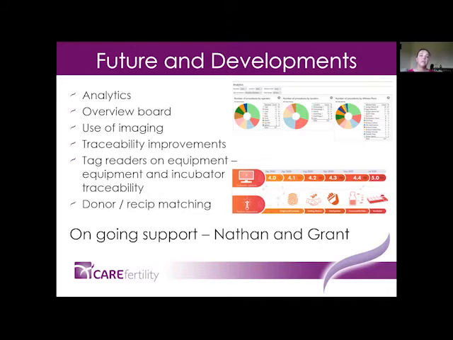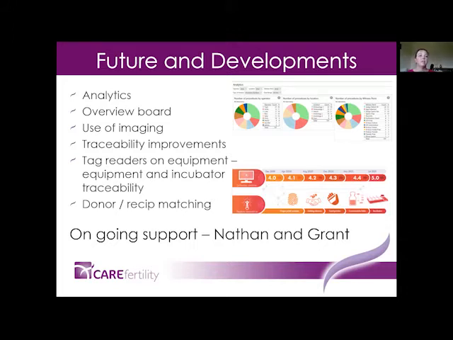There's also an overview board which will give you, as it says, an overview of all the processes that are happening in the clinic that day and where those processes are up to. Again, we've not done too much work on that at the moment because we're just concentrating on the installations, but it was certainly something interesting that we're thinking about looking at.